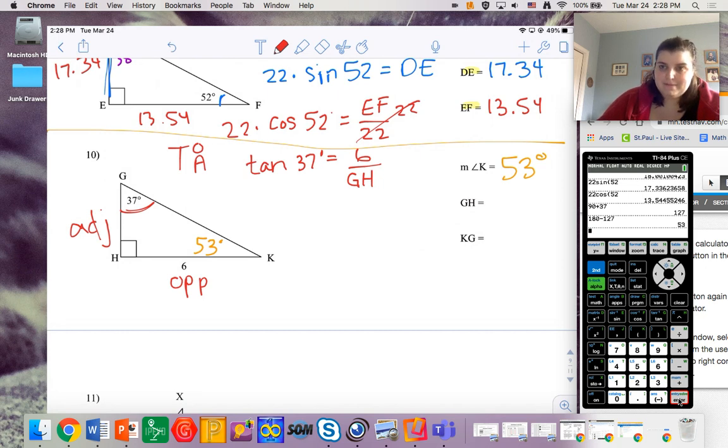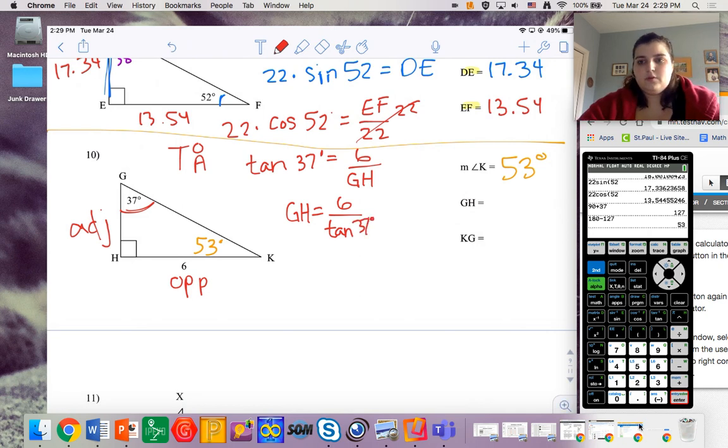And now I've got my variable in the denominator, so I need to divide. And remember, it's that numerator divided by the trig. So GH equals 6 divided by tangent of 37 degrees, which is 7.96.